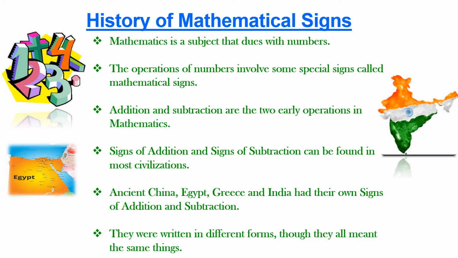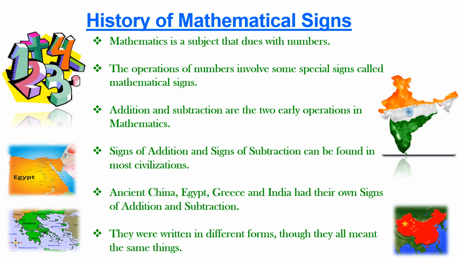Addition and subtraction are the two early operations in mathematics. Signs of addition and subtraction can be found in most civilizations. Ancient China, Greece, Egypt, and India had their own signs of addition and subtraction. They were written in different forms, though they all meant the same thing.